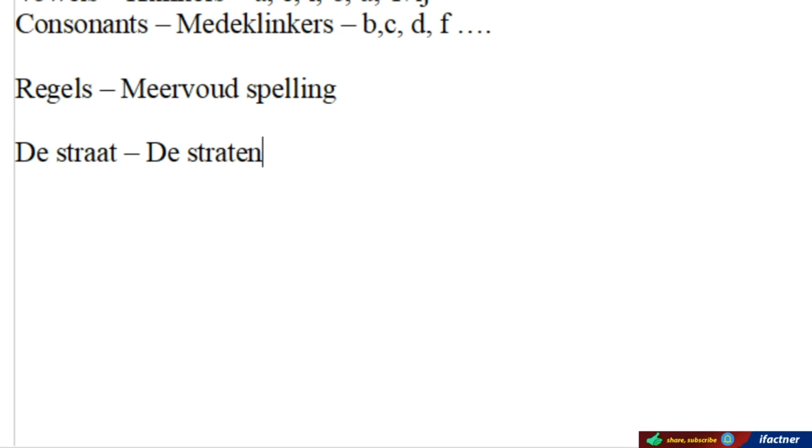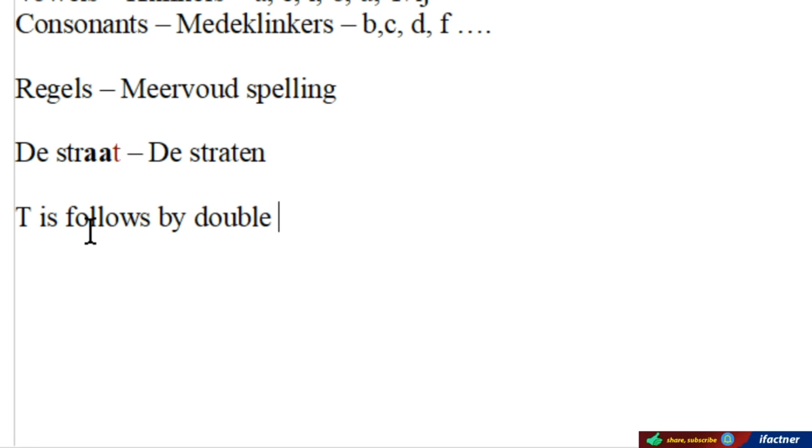The straat is singular, and the meervoud is the straten. Now you see that we have got two klinkers, two a's in the word straat. So here, t is followed by a long klinker, by double vowels.